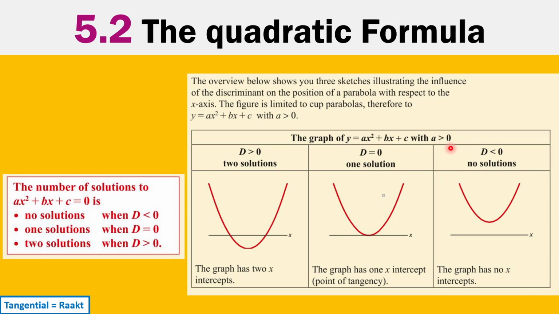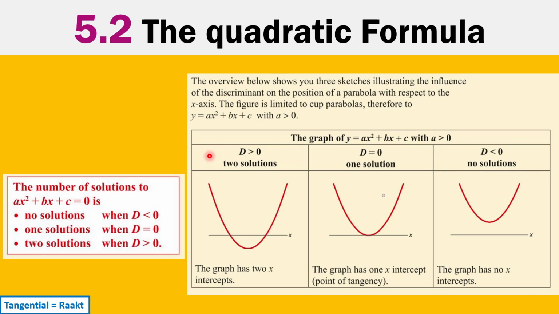They say when a is bigger than 0, because if my a would be smaller than 0, then I wouldn't have a cup but a cap parabola. And one of the homework exercises, I think exercise 23, you're going to make such an overview for yourself, but then when a is smaller than 0.